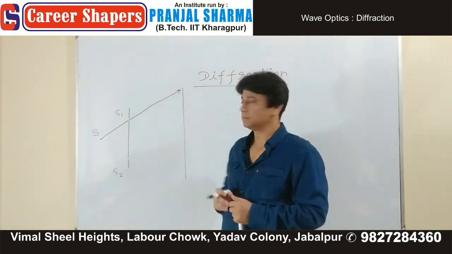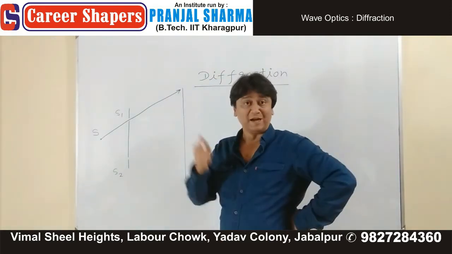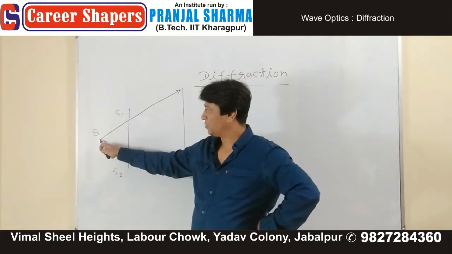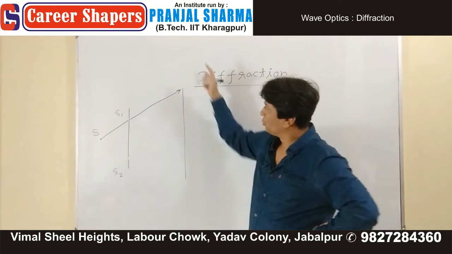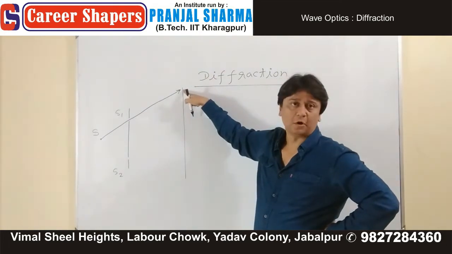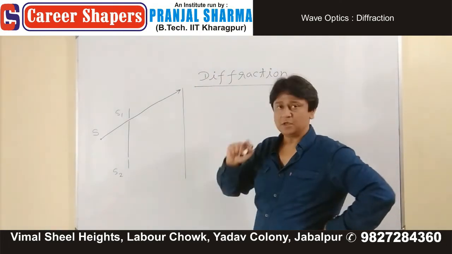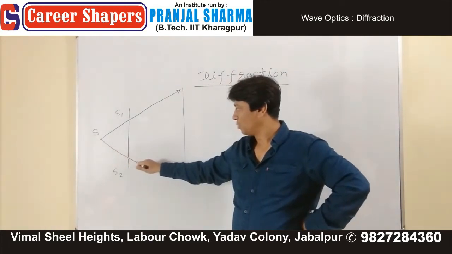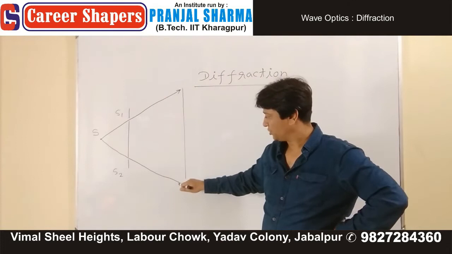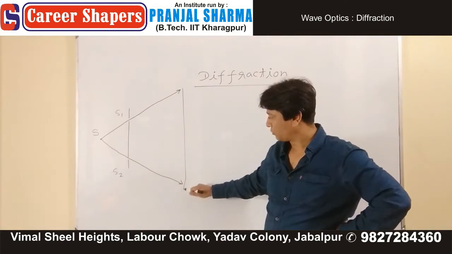Straight line. So fundamentally, light coming from S through S1 should reach this point on the screen. Similarly, light coming from S through S2 should reach this point on the screen.